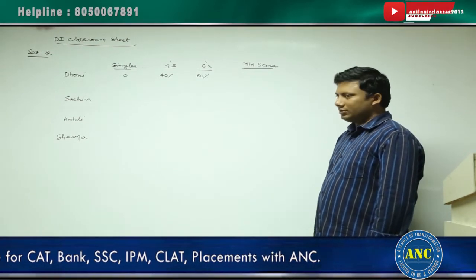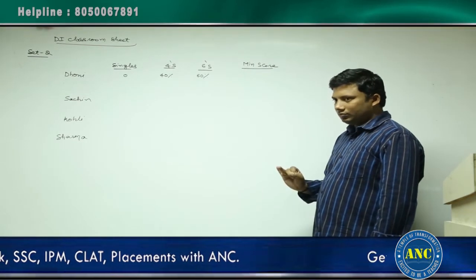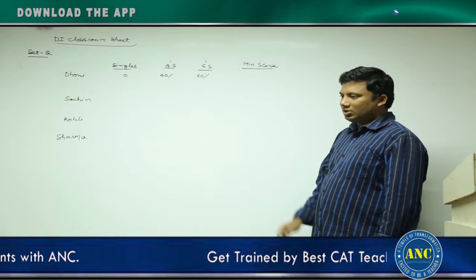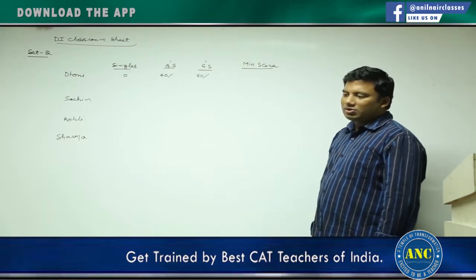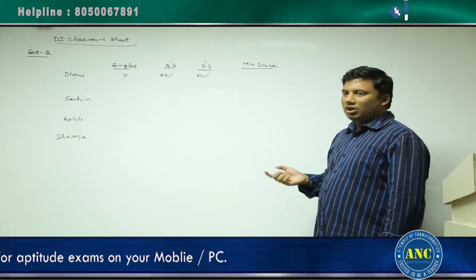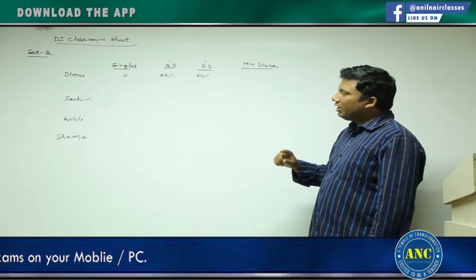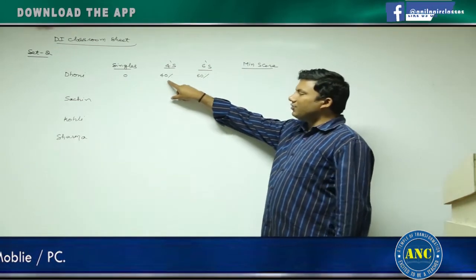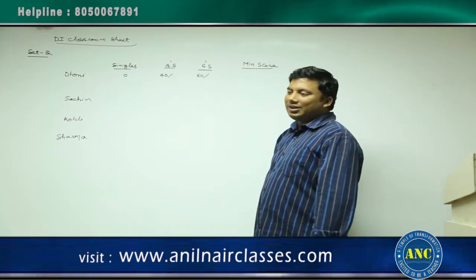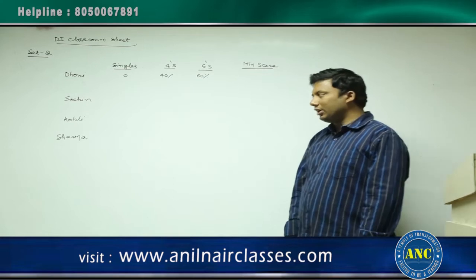If Dhoni scores 300 runs, how many runs will he score using fours? For 100 runs, 40 runs using fours, that means 10 fours; for 300 runs it will be 30.